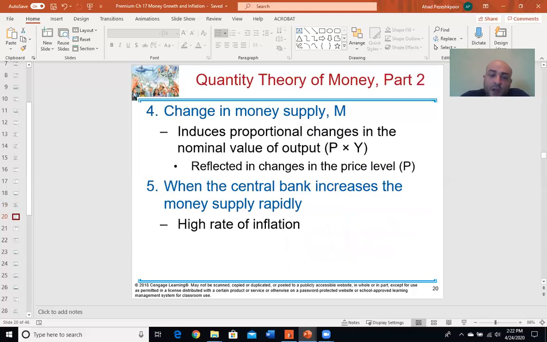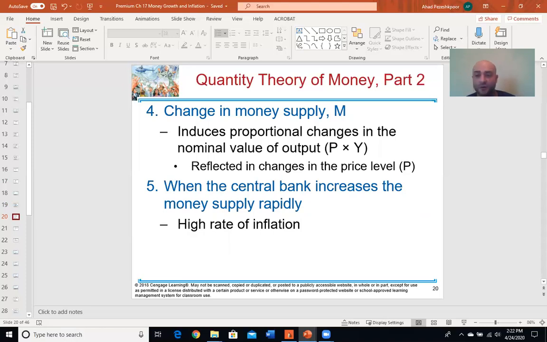Change in money supply, M, induces proportional changes in the nominal value of output, reflected in changes in the price level. When the central bank increases the money supply rapidly, when the printer is working every day, we would have high rate of inflation.